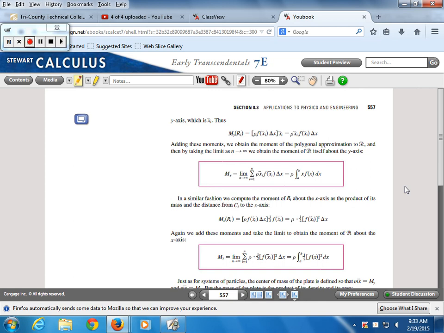The reason you don't get into rhos, R-H-O-S, is because we're not mixing the metals and we're not mixing the materials. Now, if you have a piece of metal that is made up of two different materials, then you've got different densities, which makes a difference.